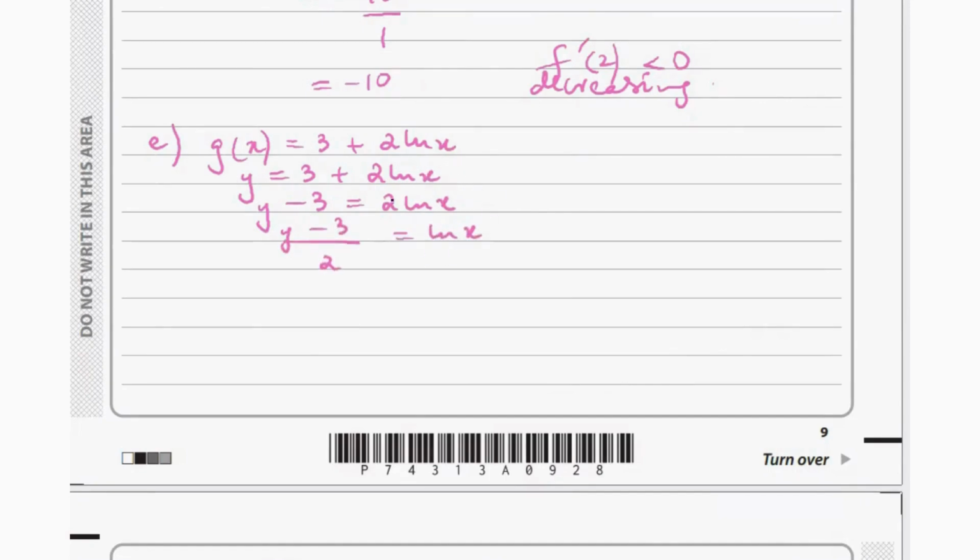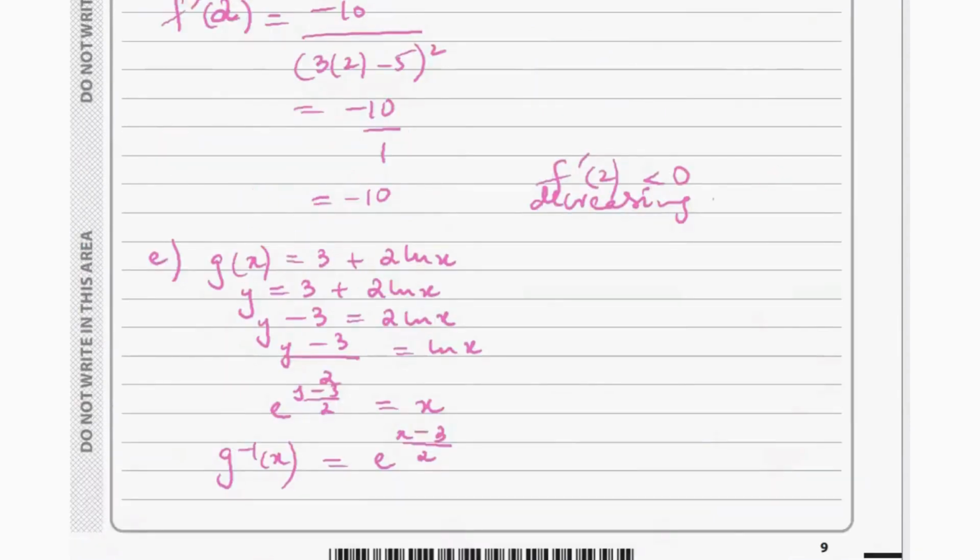If you want to remove ln on one side, you add e on the other side. So it becomes e to the power of (y minus 3) over 2 equals x. So g inverse of x is e to the power of (x minus 3) over 2. That is your inverse function.